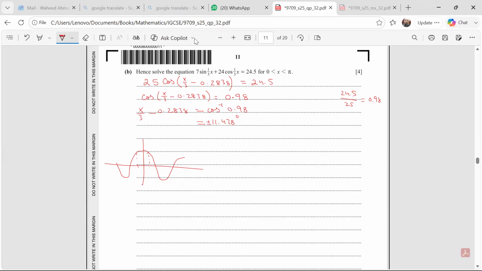Now in this one, if I add 2 pi or 360 degree, I will reach over here, which is also giving me the same value, 0.98. So other than these two values, I have other values by adding 360, plus minus 371.478 degree. And we can add so many more. But this should be enough, okay?